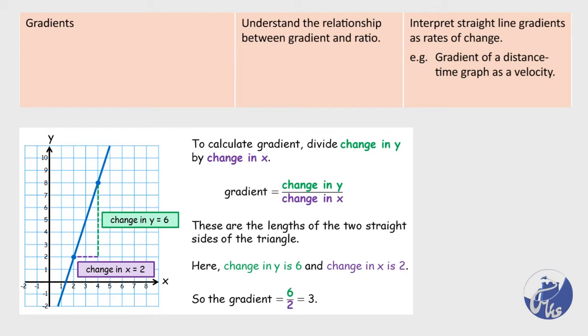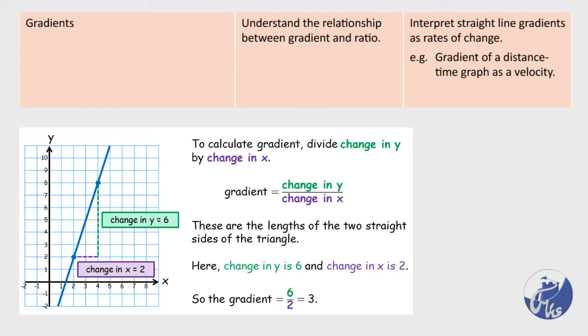It's not going to matter which 2 points you choose, just choose nice points that are landing on coordinates that you can easily read. This will then give you the gradient for the graph, and a standard graph is y equals mx plus c, where m is the gradient, so you want to be able to know that. You also want to know what an intercept is, and in this case it's mostly the y-intercept, so where that graph goes through the y-axis, and this will be the value you add or subtract at the end.